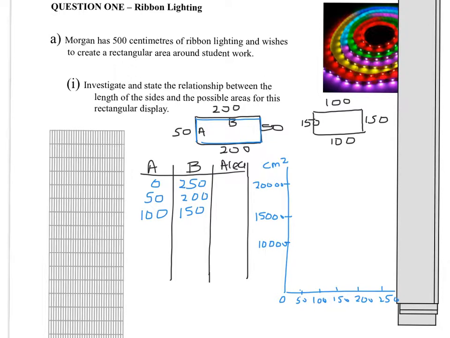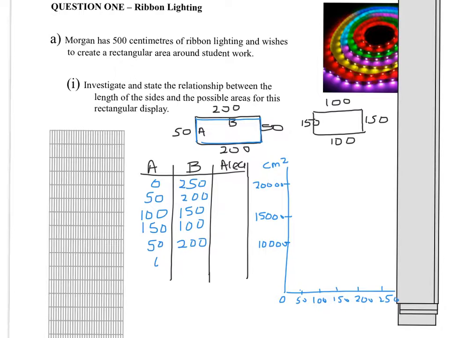I could go up again. 150 on each side still means 100 on the other sides. And again, I don't need to do too many. That'll be enough. I've done that the wrong way around actually.